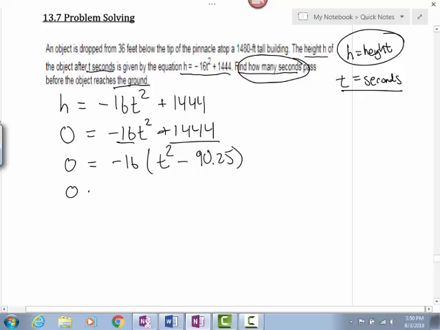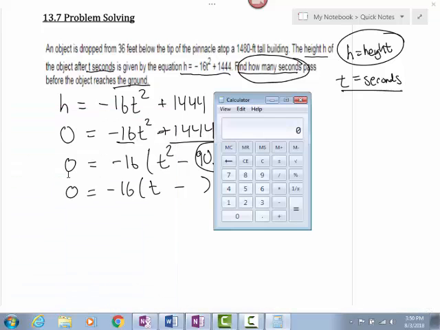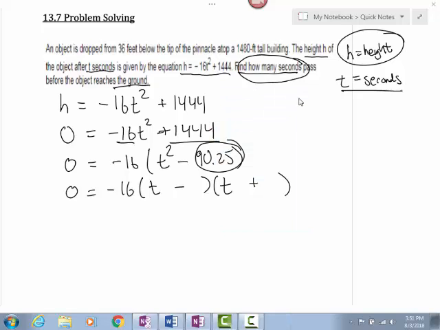The reason I want to do this is I can use my difference of squares formula. If you remember, my difference of squares formula looks like this, right? Okay, and if you remember what we were doing with that number, we were basically taking the square root of that number. So I'm going to come back over here, I'm going to get my calculator, I'm going to take 90.25, and I'm going to take the square root of it. Oh, it's 9.5. Okay, so I'm going to go ahead and put that in right here, 9.5.